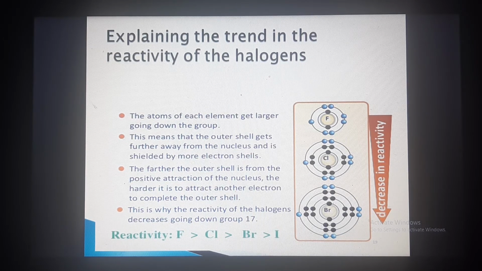And when you go to bromine, there also we are adding an electron, it can accept 1 electron, but the accepted electron goes to the fourth shell. And we know the fourth shell is far from the nucleus, so the added electron is not that much attracted by the nucleus, which means the reactivity is less.